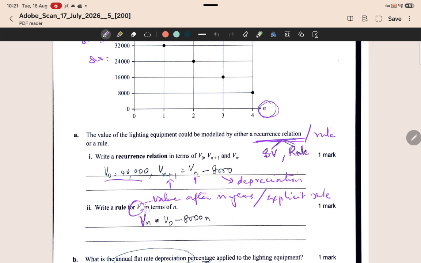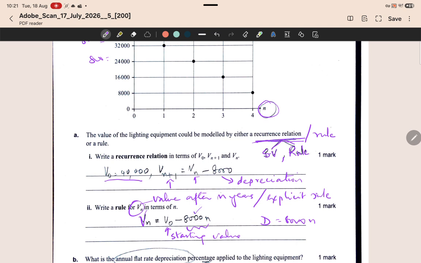Now if every year it goes down by 8,000, then in n years the depreciation will be 8,000 times n, and you've got to subtract that from its starting value, which is V0. And so its value after n years is Vn equals V0 minus 8,000n.